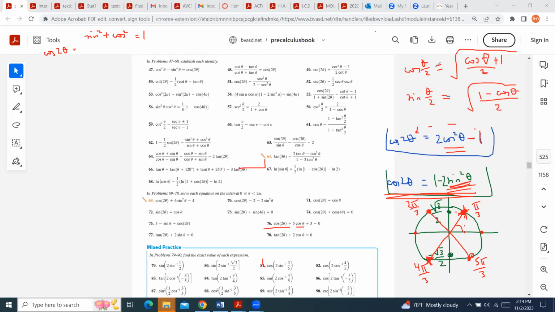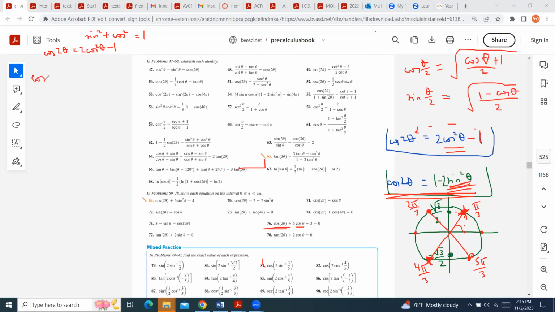So anyways, if I square both sides, I have cosine squared, then I multiply it by 2, I get 2 cosine squared, and then minus 1. So it'll be 2 cosine squared theta minus 1. So this is what I'm going to utilize for working out this problem. So let me write it down.